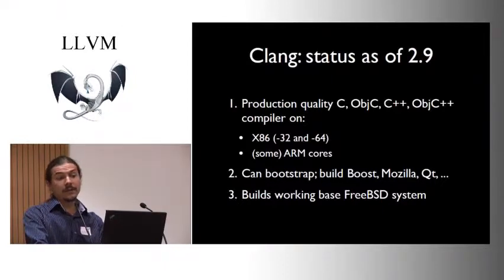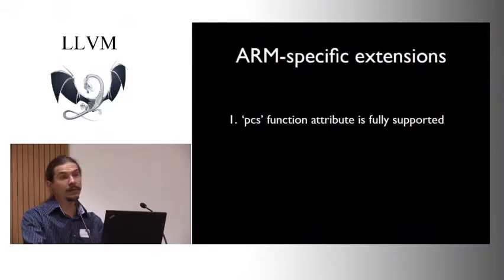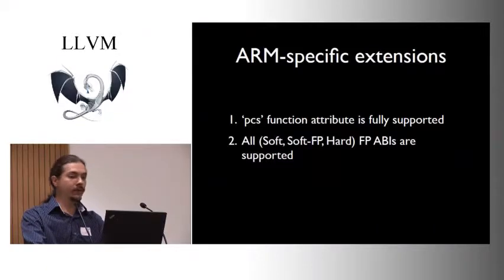Some amount of ARM-specific extensions are fully supported. For example, the procedural calling convention is fully supported in the backend, and the attribute to specify the procedural calling convention for a specific function is also implemented in the front end. Floating point application binary interfaces, all three types, are more or less well supported and implemented.